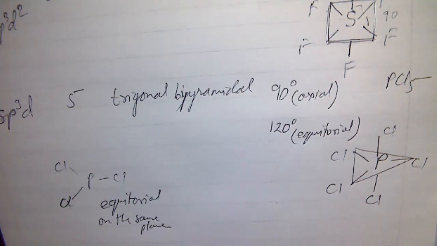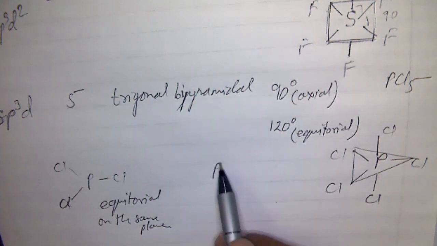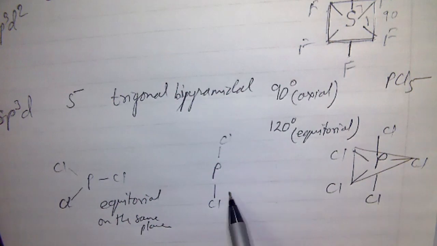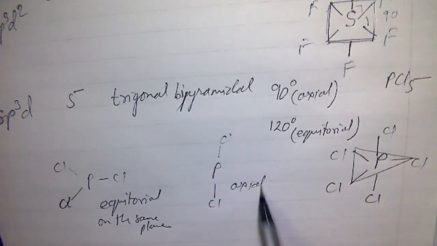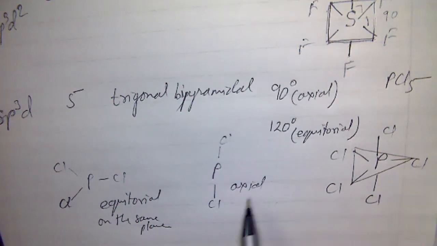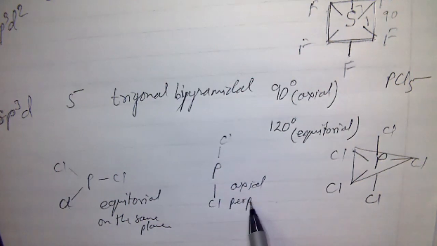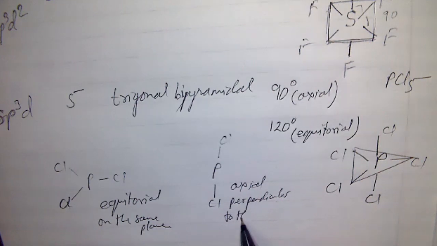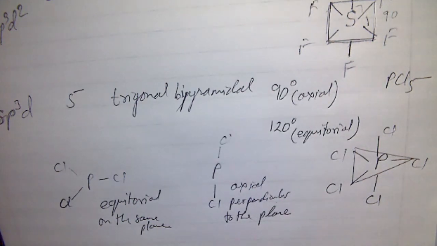They are on the same plane, and then the same P, I have just separated it, is Cl and Cl. These are axial. That means perpendicular to the plane. These two are perpendicular to the plane.